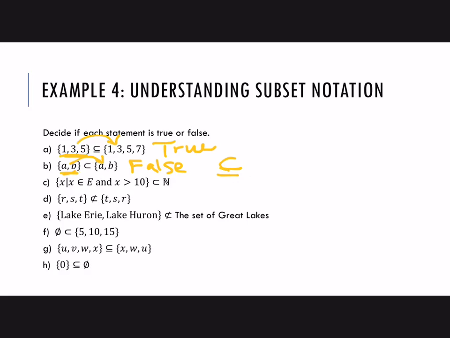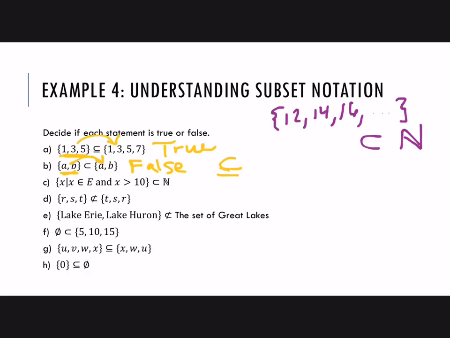Okay, part C, the set of all x such that x is an even natural number greater than 10 is a proper subset of the natural numbers. All right, well, the set on the left, even natural numbers greater than 10. Okay, that's 12, 14, 16, ... Is that a proper subset of the natural numbers?